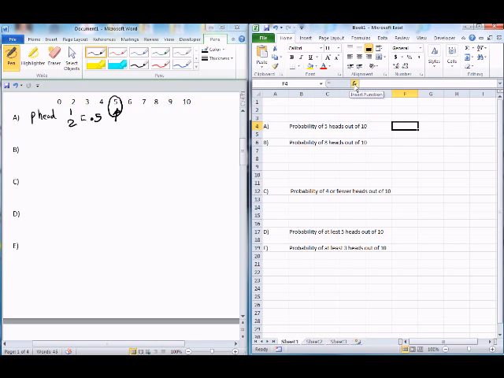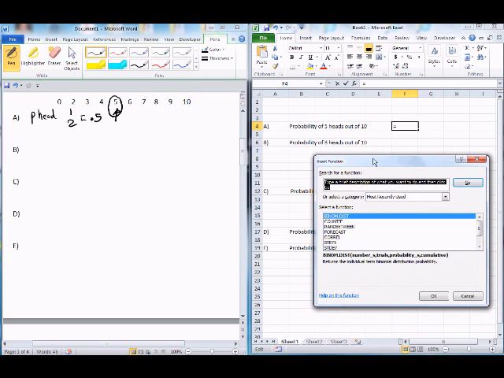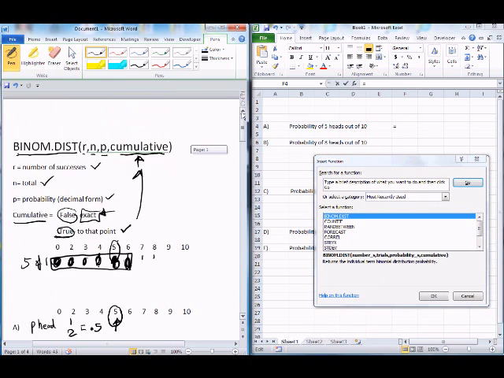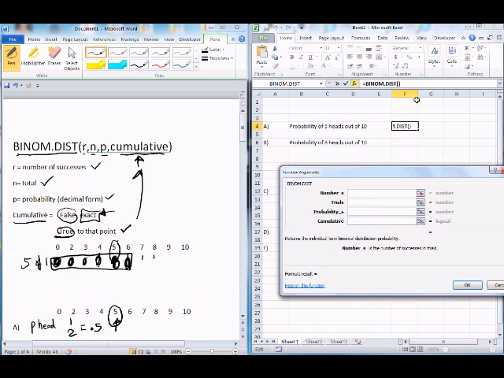I'm going to go to insert a function right here in my function button, and then from the top over here, I'm looking for binomial distribution. If I erase all this, I can type in binomial distribution, hit go, and we have binomial distribution here. Double click it, and we start.